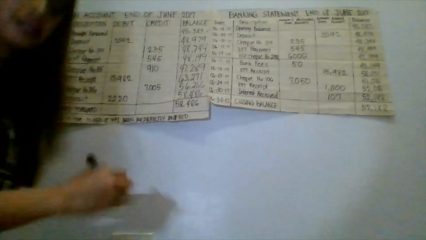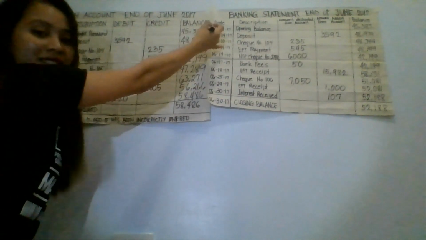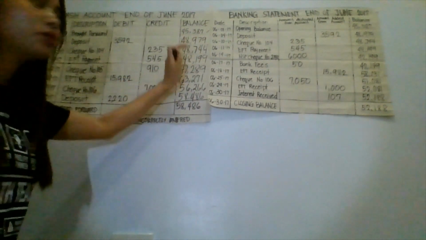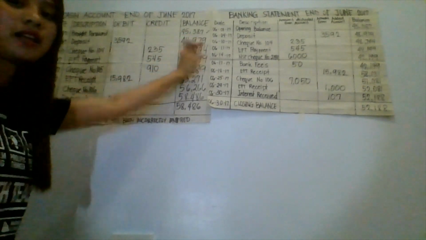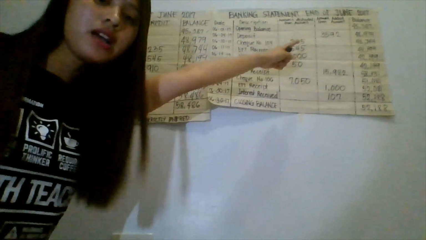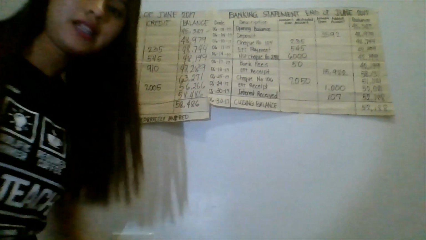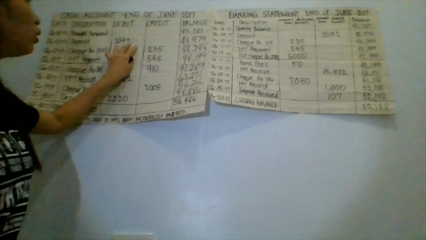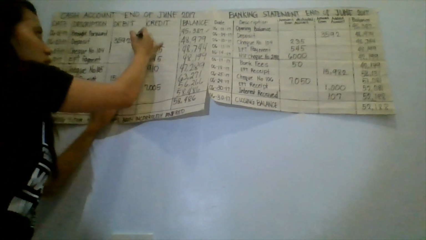Let's find this. We have, of course, the balance, 45,387, correctly encoded in our cash book, and the same thing in our bank statement. Now the 3,592 deposit is correctly recorded in these two records.